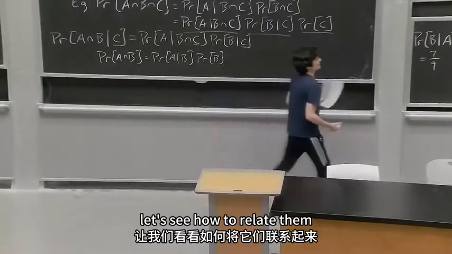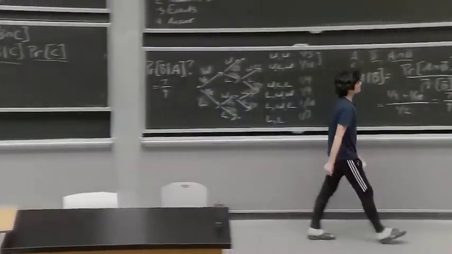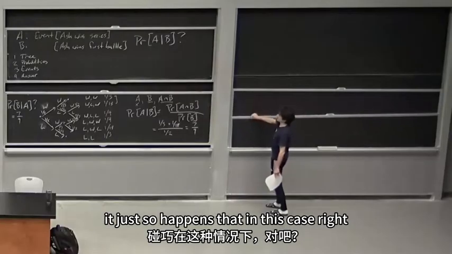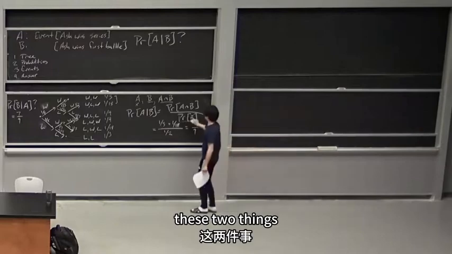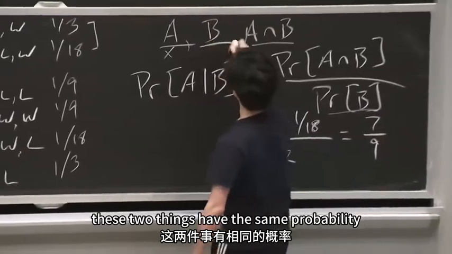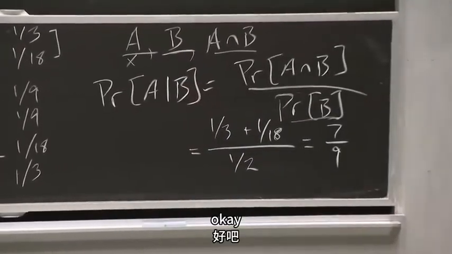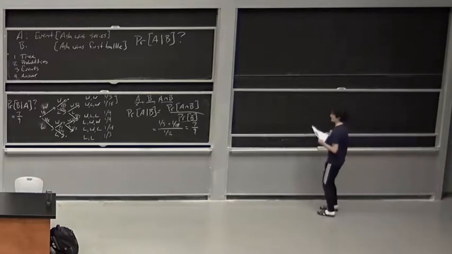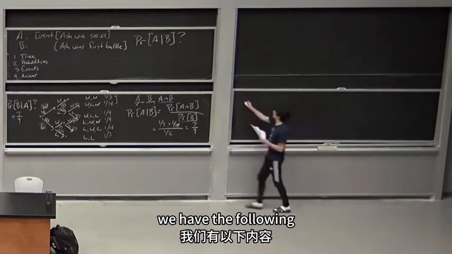Let's see how to relate them. It just so happens that in this case, these two things had the same probability. So that's really the core reason why they were equal. But more generally, we have the following.